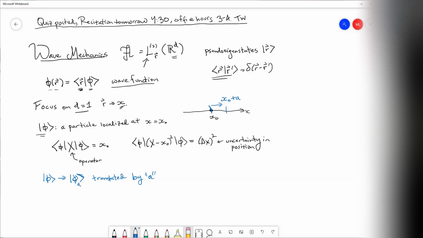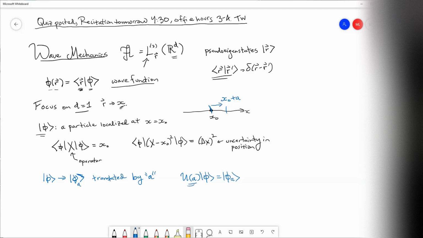And of course, that shouldn't change much about the state. It should maintain its norm, for instance, it should still be normalized properly. So there must be some unitary operator, U a, such that when it acts on this phi, you just get the particle translated a little bit.